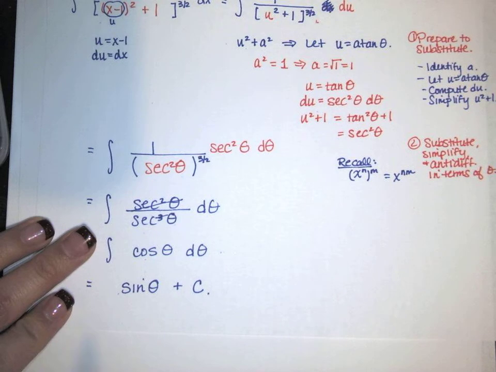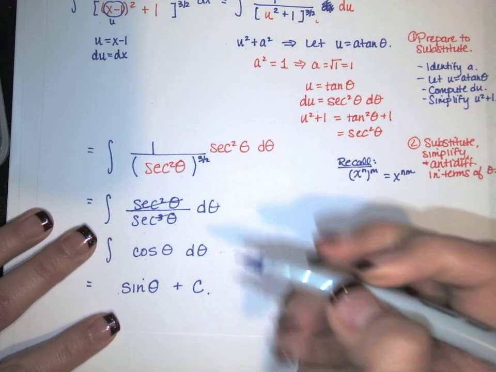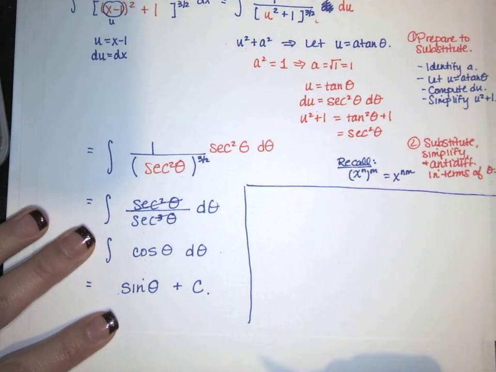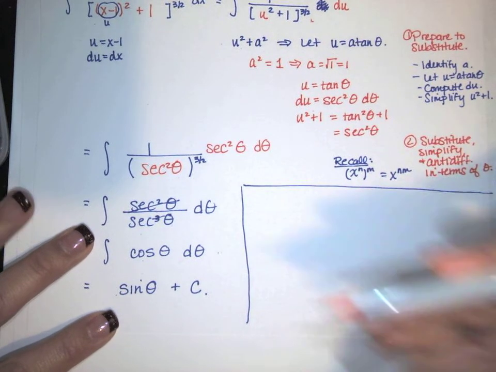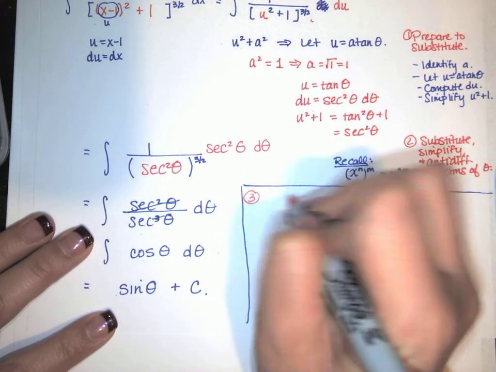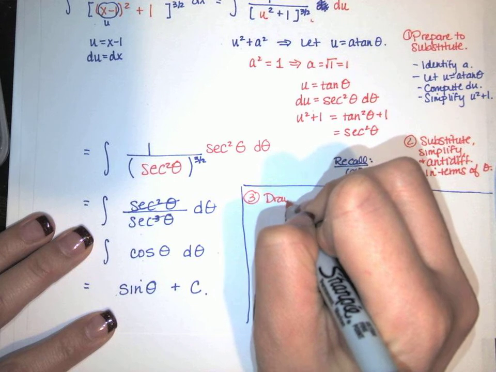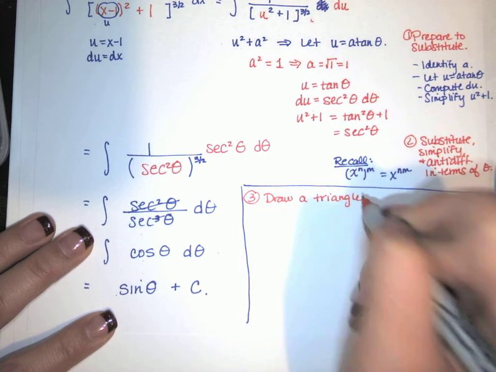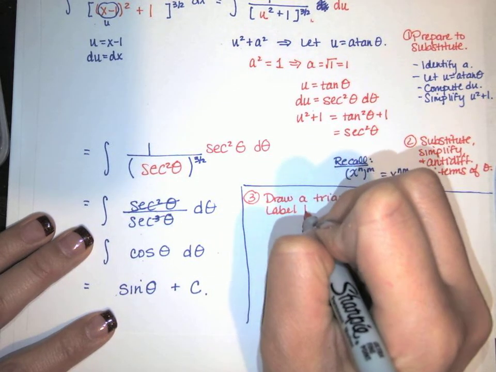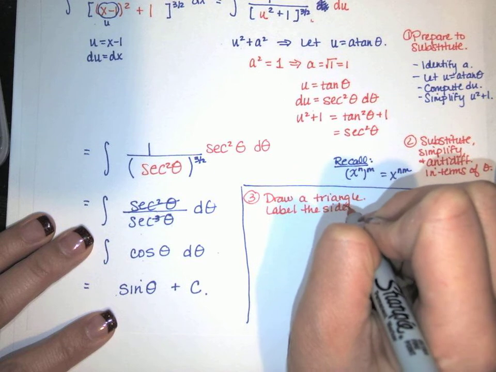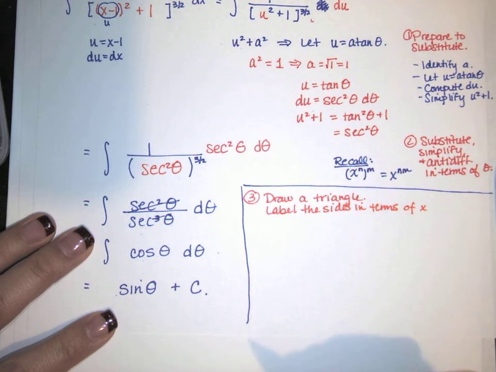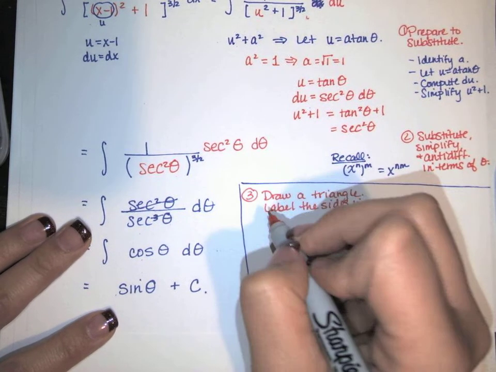You might remember from the last video, we make a triangle. Seems a little odd to people, but we're making a triangle. It's a triangle whose sides are labeled in terms of x. And we're labeling those sides using the original substitution.